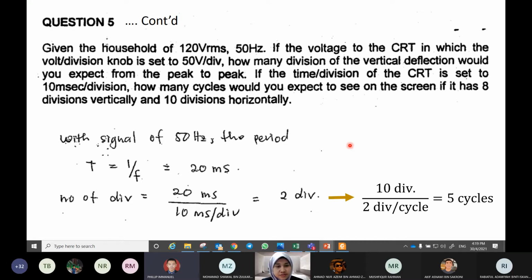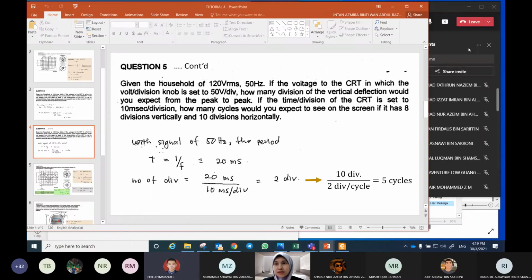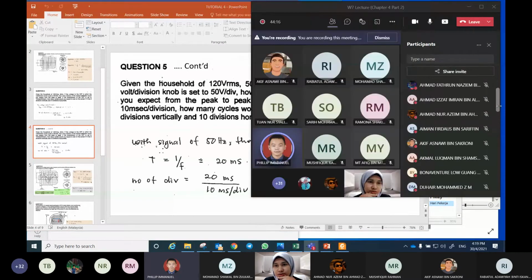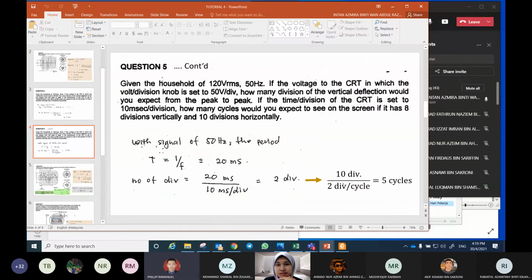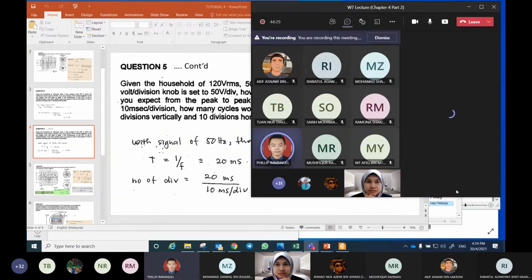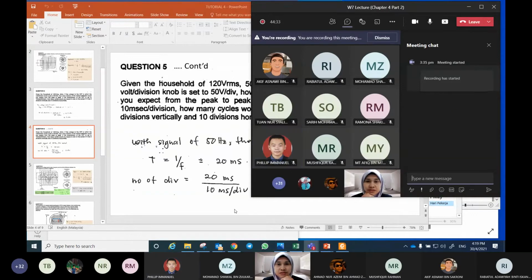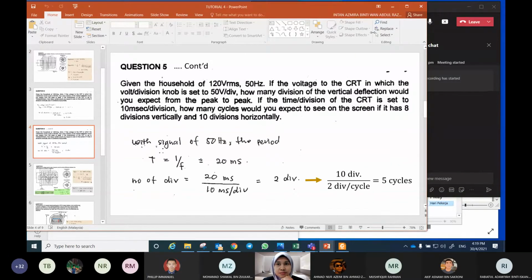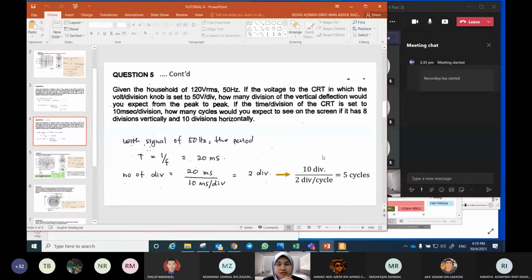Please, someone share your screen or sketch this signal on a piece of paper and upload your answer in the chat box. Someone want to try? He's trying. Please try, but please put the labels of the signal.